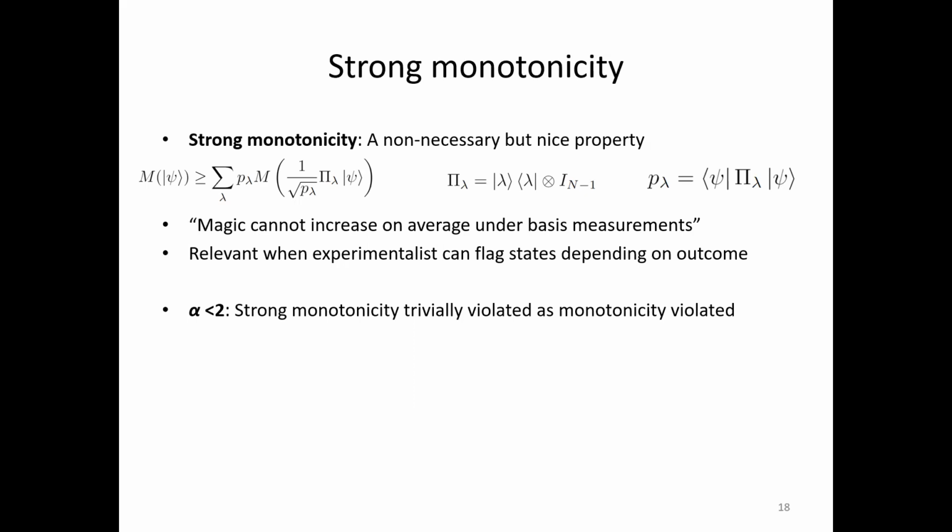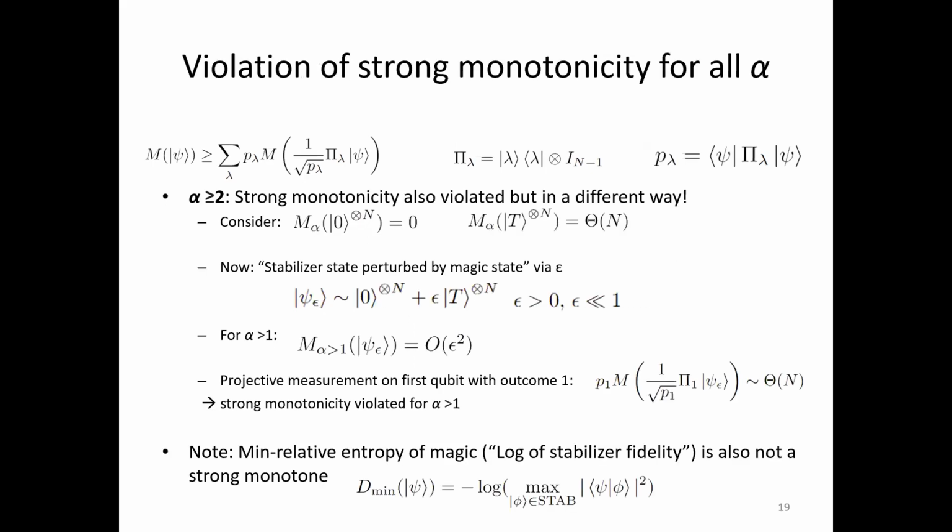So if you now consider this case, for alpha smaller than 2, we trivially find that strong monotonicity is violated because already monotonicity is violated. But what's with the case alpha greater or equal than 2? If we check this case, we can find that strong monotonicity is also violated. But in this case, it's very different. The states that we used to violate strong monotonicity for alpha smaller than 2 don't work. It will be fine. It will have strong monotonicity.